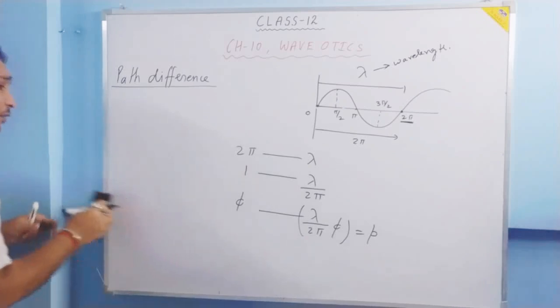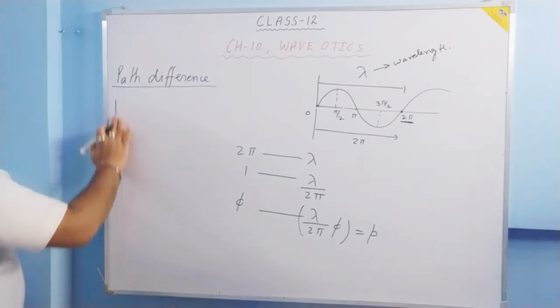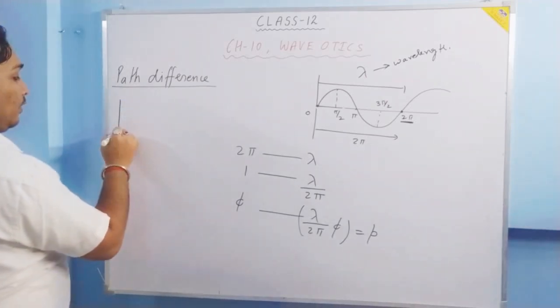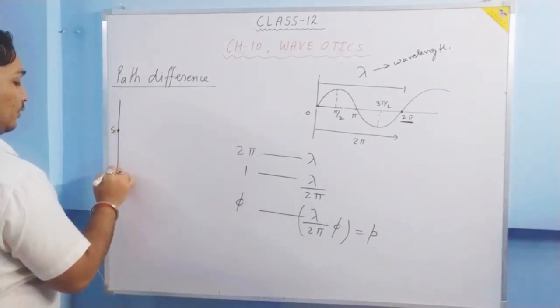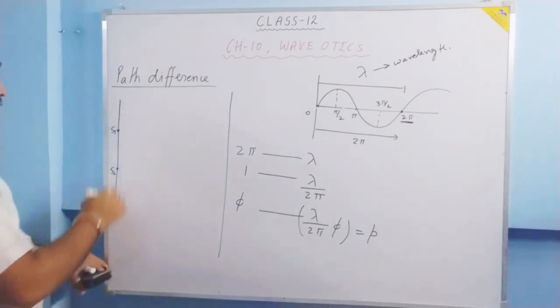Okay. For path difference, let me make another diagram so that you can understand. Suppose we have here two sources, source S1 and source S2, and we have a screen over here.